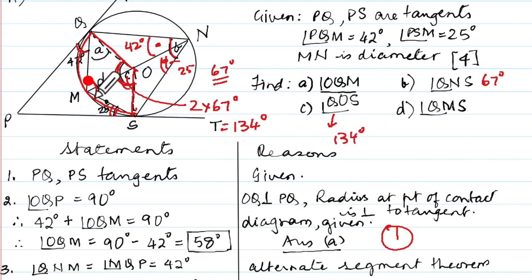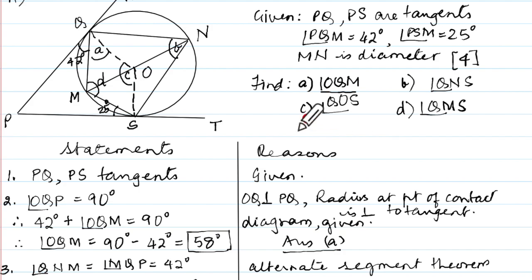QMS is the last angle. For QMS, you will connect this angle with this angle because it will be the simplest way of doing it. This is 67 and D, they are going to be equal to 180 degrees, and so D is going to be 180 minus 67.